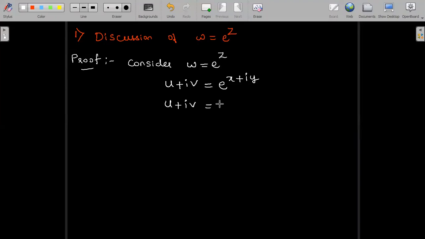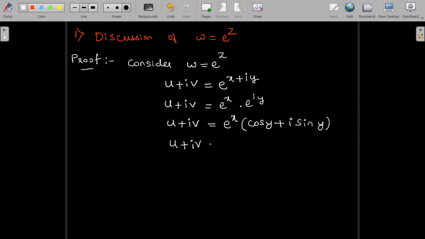So u plus iv is equal to e power x into e power iy, and this gives us u plus iv is equal to e power x into cos y plus i into sin y. Let us separate the real and imaginary parts by multiplying e power x inside. So e power x cos y plus i into e power x sin y.